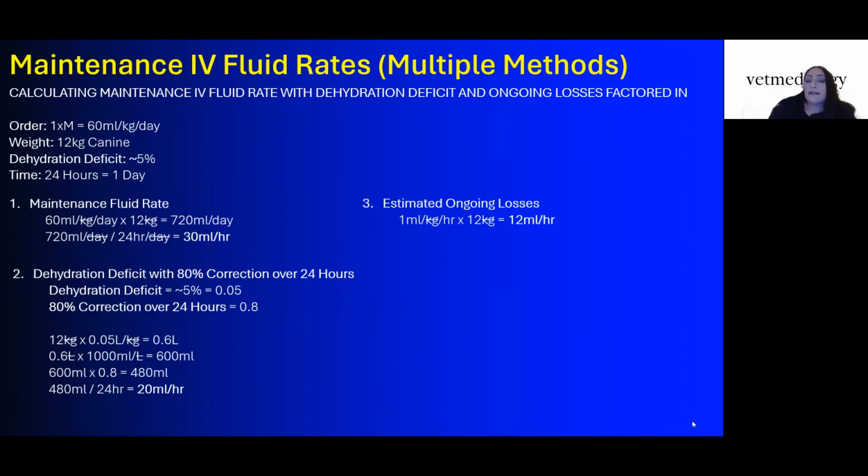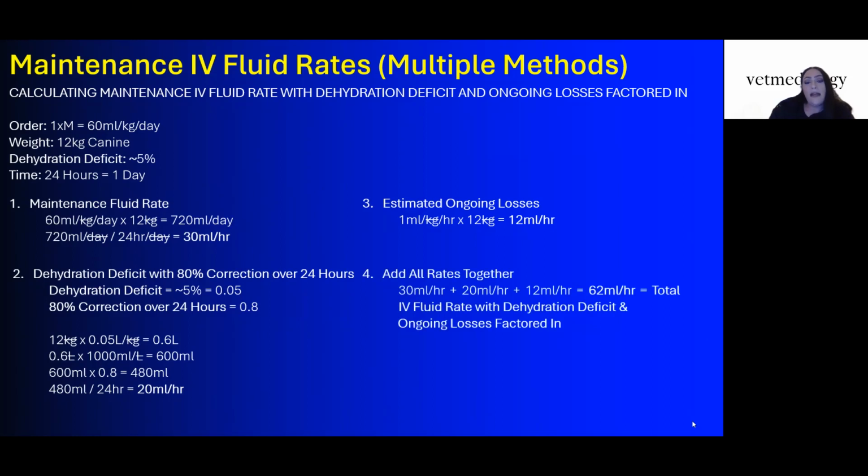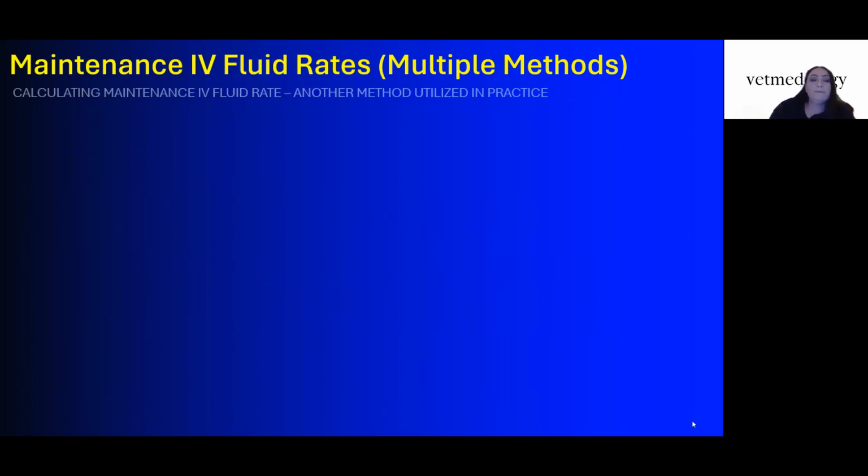So estimated ongoing losses are 1 mL per kg per hour. So we just multiply the 1 mL per kg per hour times 12 kilograms, and that equals 12 mL an hour. And then we add all of the rates together. So 30 mL an hour plus 20 mL an hour plus 12 mL an hour gives us 62 mL an hour for our total IV fluid rate with dehydration deficit and ongoing losses factored in.